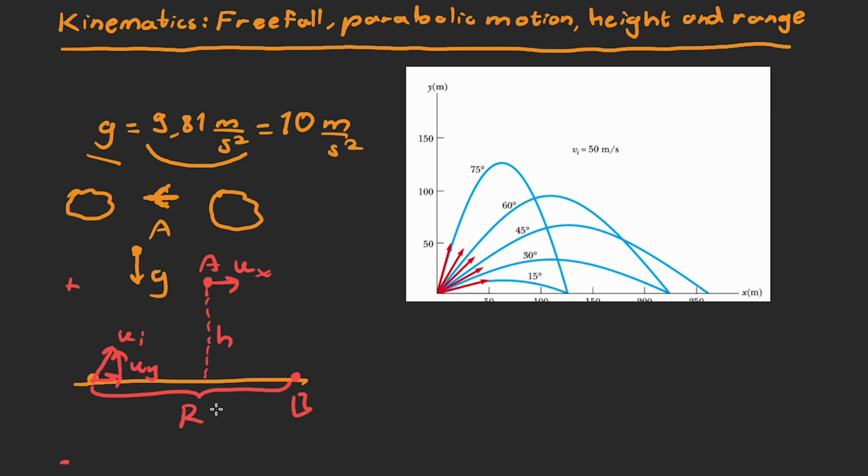We call that range. So in a typical projectile motion problem, we have two variables that we are interested in: the height of the projectile motion and the range of the projectile motion. And we can figure out both of those just by looking at their initial velocities and knowing the gravitational constant.